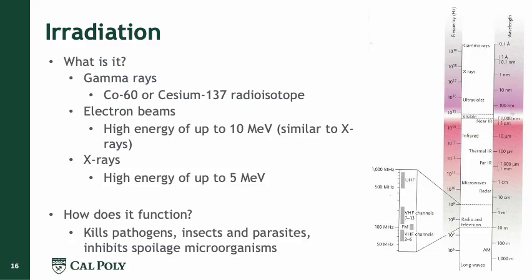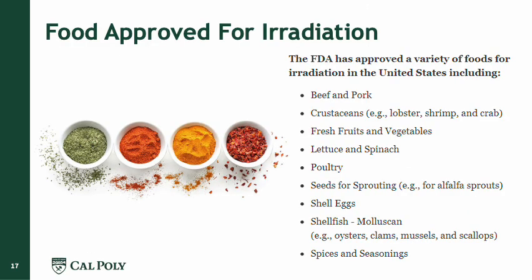Its main function is to kill pathogens, insects, parasites, and inhibit spoilage microorganisms, and it is very widely used in, for example, disinfection of spices and meat. It has reduced a lot of pathogens and helped reduce a lot of deaths and health issues with this type of products.